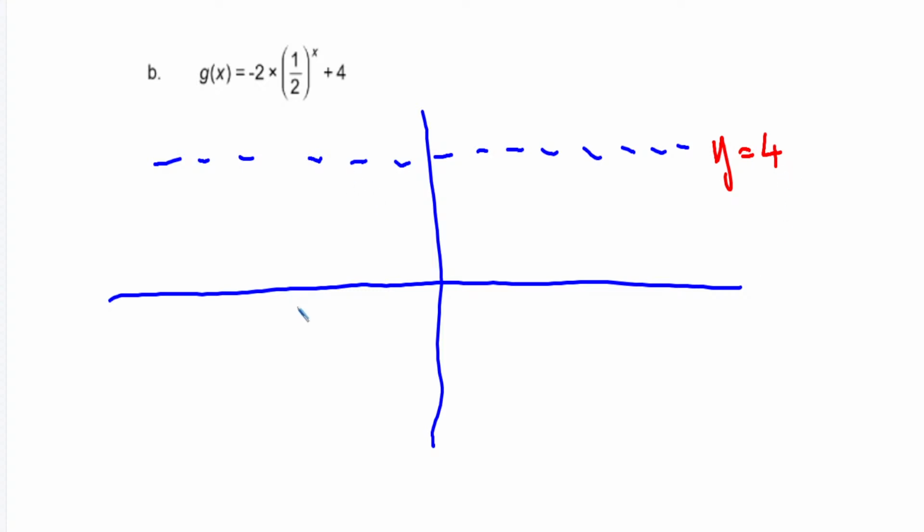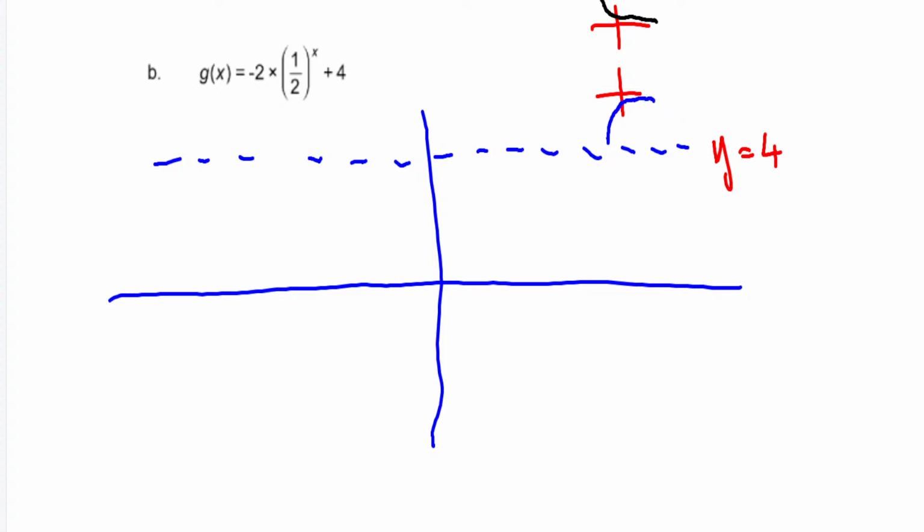Now, next up, I'm going to just draw for you the little sort of succession of things here. If you just drew a half to the x, it would be an exponential graph going downhill. When you multiply that by a -2, it actually reflects it over and kind of almost stretches it like that.